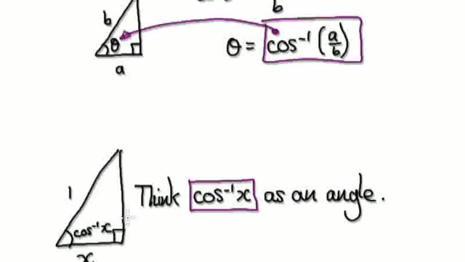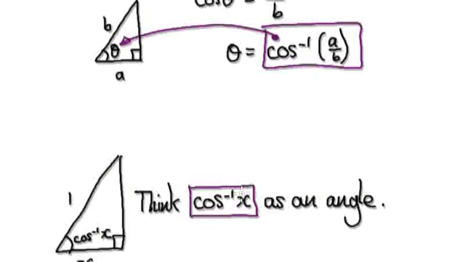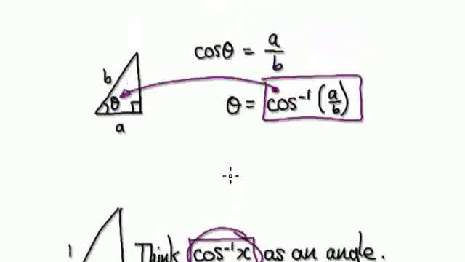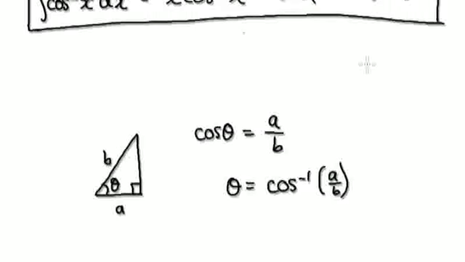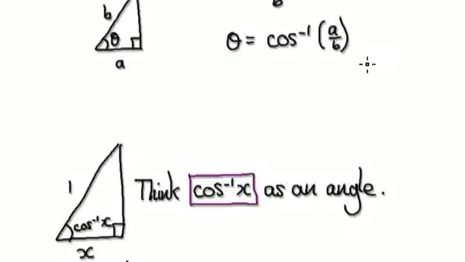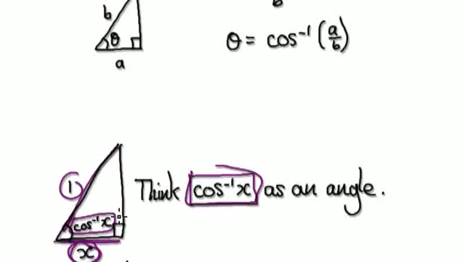So when you look at this here, the inverse cos of x, this is what we've got here. You can imagine inverse cos of x as being like this. This whole block here is an angle. Well, it's an angle with adjacent length x and hypotenuse of 1.